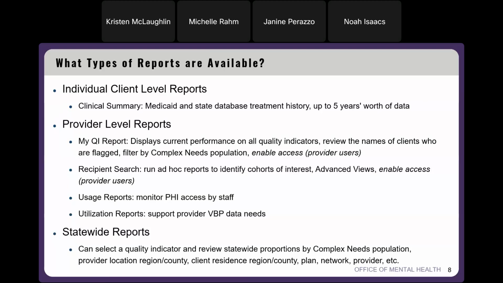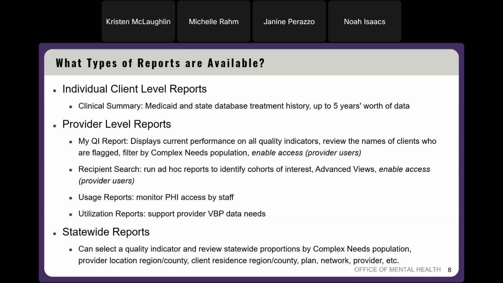So the QI report is there to review your current performance on all of those different quality indicators and have the ability to drill down to the client level view to see, out of the people who are hitting this flag, who are they? And then we also have the recipient search where you can run ad hoc reports to identify cohorts of interest, like maybe people who are considered complex needs. So that's another way that you can track that really important information.